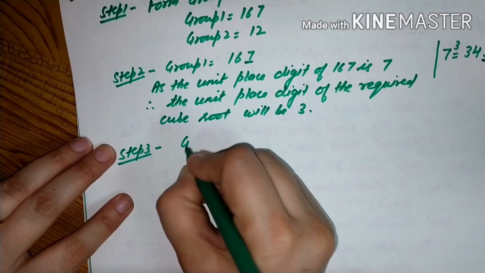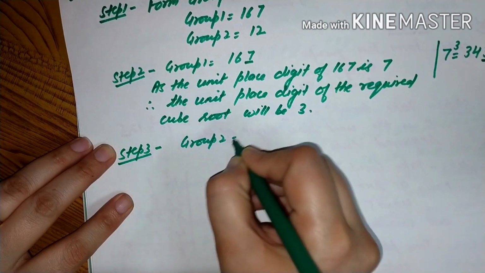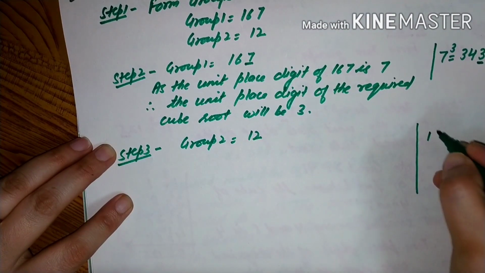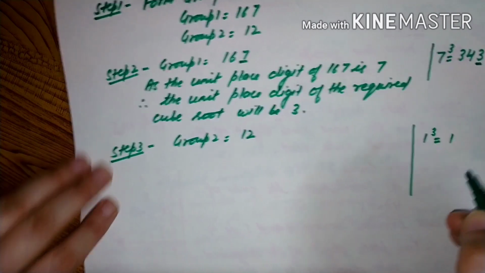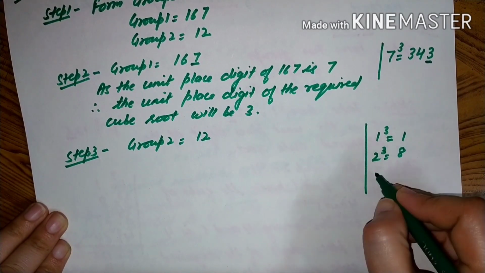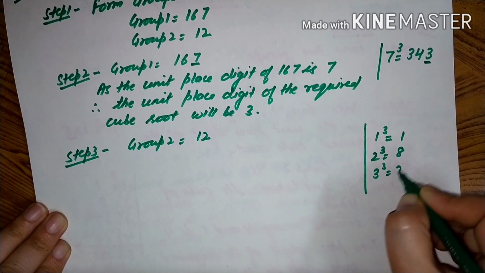Now step 3, we will take group 2, and group 2 is 12. On the side we'll write the cubes of the numbers. 1 cube is 1, 2 cube is 8, 3 cube is 27.